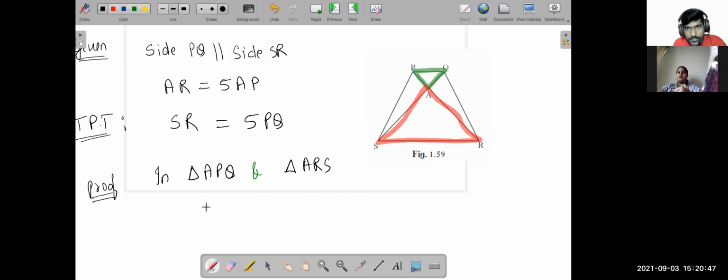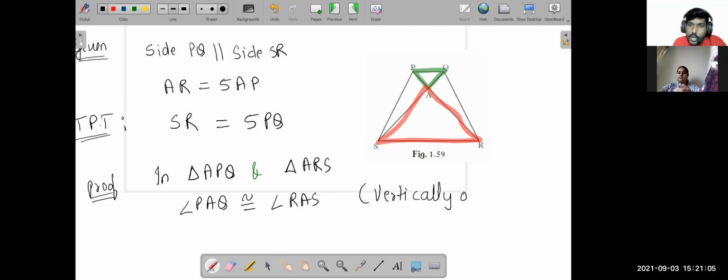Yes, vertically opposite. So angle PAQ is congruent to angle RAS. This is because they are vertically opposite angles, and you know that vertically opposite angles are congruent to each other.